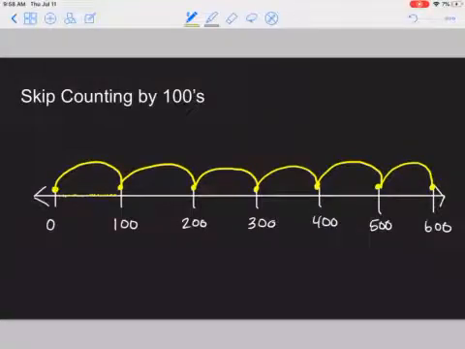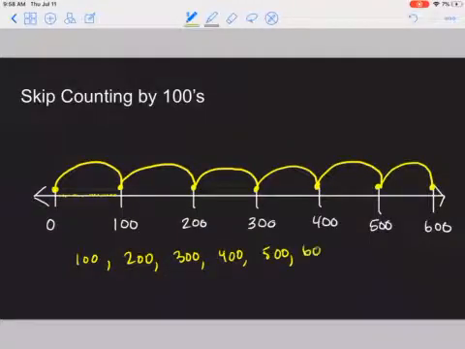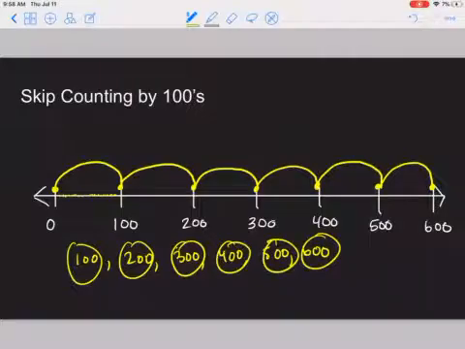But let's say we had them in groups of 100 already. We would say, well, there's 100 here, and then we could go 200, 300, 400, 500, 600. That would be a quick way to count them if we just had piles of pennies. So that is skip counting by 100s.